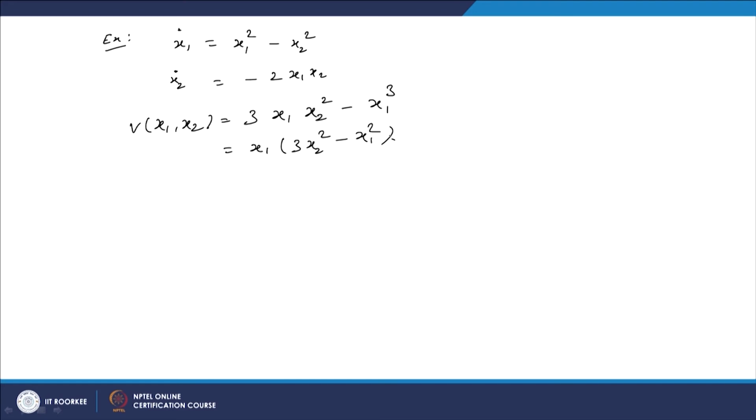So we can see that this function, in a neighborhood of the origin at 0 0, if you take any neighborhood, for points in this neighborhood we can see that at some point it may be positive, at some point it may be negative. So any neighborhood we select, we can find some point x1 x2 for which V of x1 x2 is positive or negative in any way.